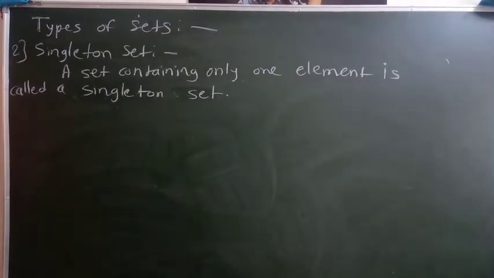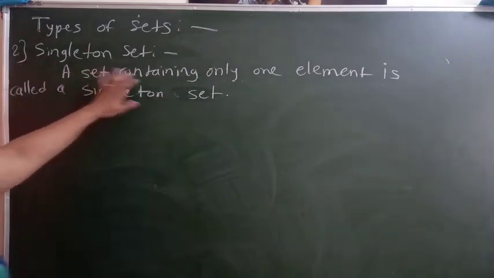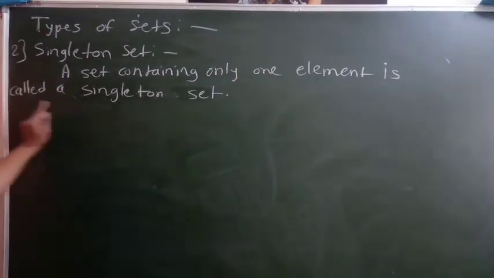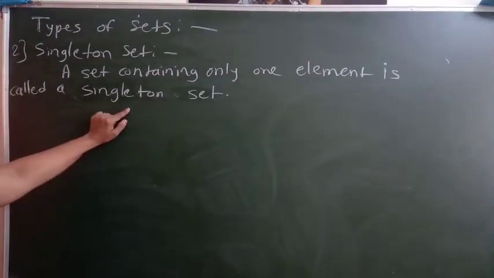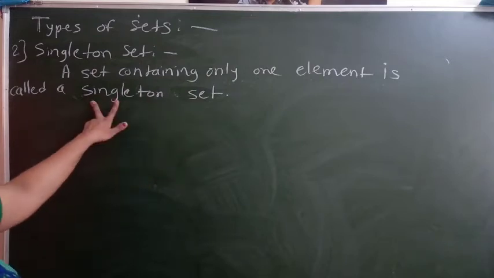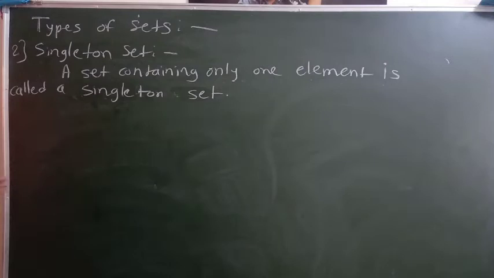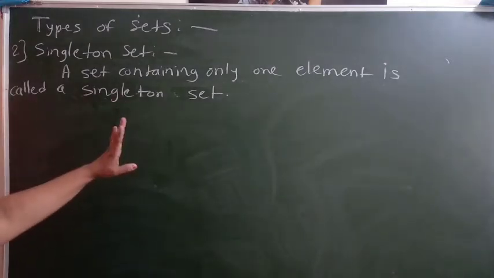The next type, second type is singleton set. दूसरा टाइप है आपला singleton set. A set containing only one element is called singleton set. A set containing only one element means only one element is present in that set, then it is called singleton set. जर त्या सेट मध्ये एकच एलिमेंट असेल मग तो कुठलाही असणार.